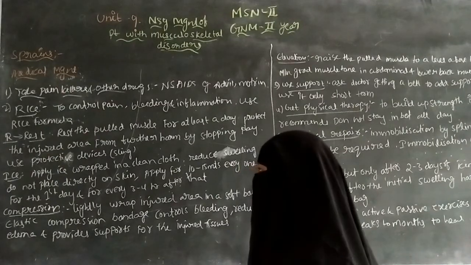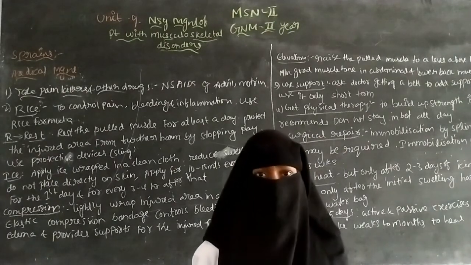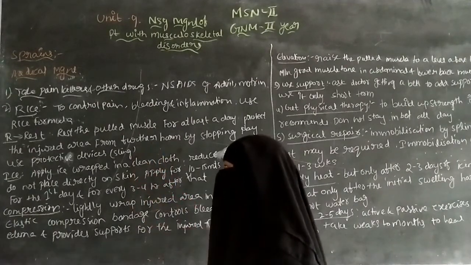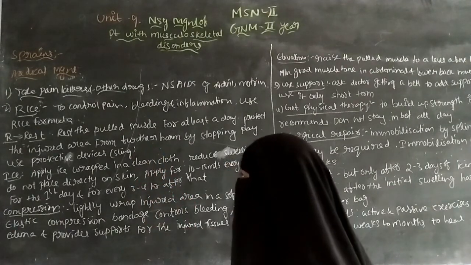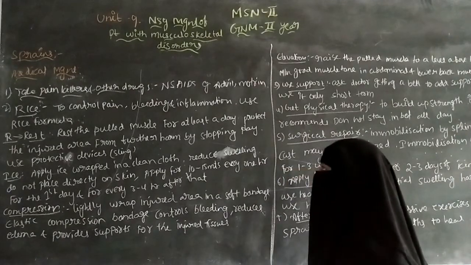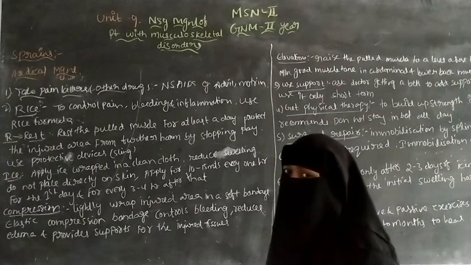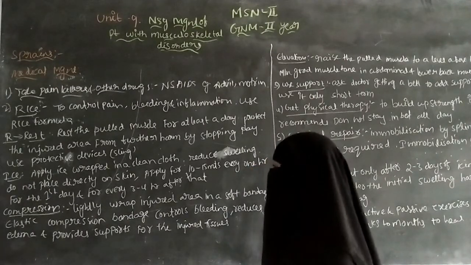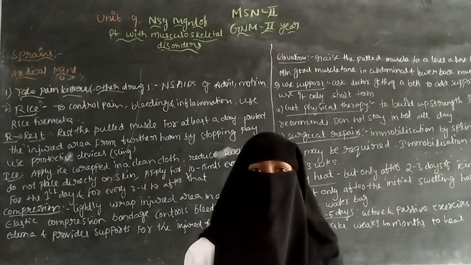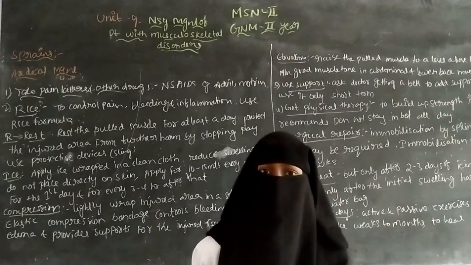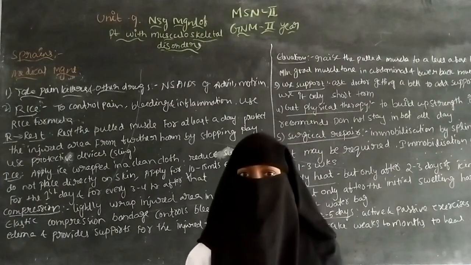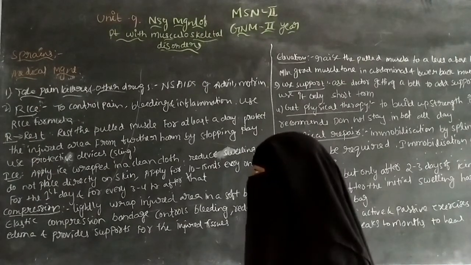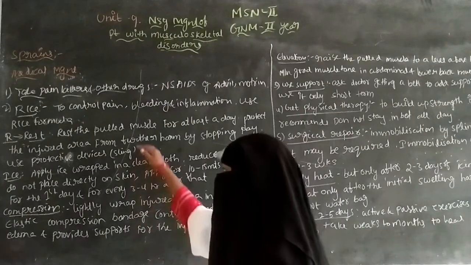A sling is a supportive device, and the affected joint can be supported and immobilized by the sling. So that is about rest.